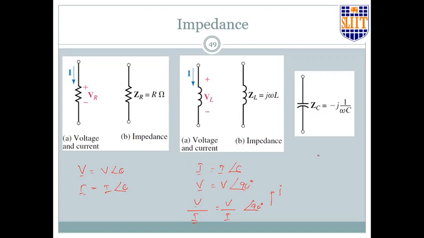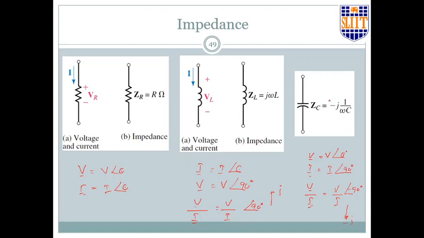Okay, now for a capacitor, we know that current is leading. So if we take V as V angle 0, I will be I angle 90 degrees. So V over I is V over I angle minus 90 degrees, meaning that it goes downwards, in the minus j direction.